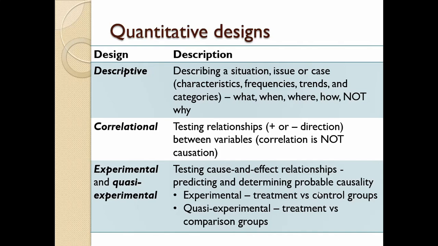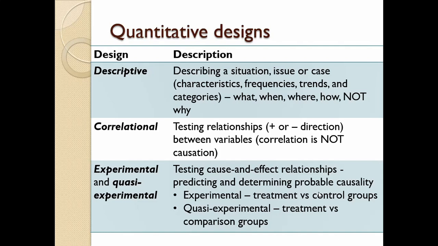Correlational tests relationships. The relationships can be negative or positive between variables. Okay, but note that correlation does not necessarily mean causation. So, for instance, one may need to check whether an increase in income in a household would lead to or has any influence on education achievement within that household, or whether an increase in income relates to buying a car in a certain household.